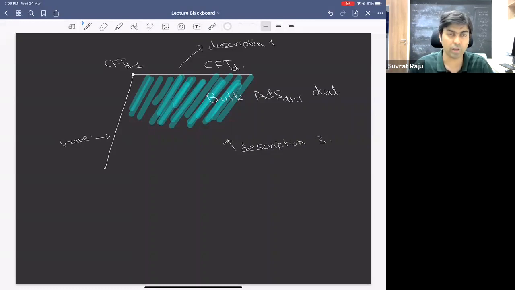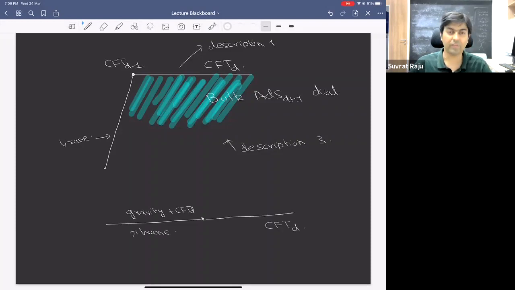And if you take this setup and try to do a Kaluza-Klein reduction, by trying to get rid of this additional dimension, then you can also find an effective description, roughly by straightening it out. So you have this brane, which is gravity plus a CFT_d, and that's coupled to a CFT_d.